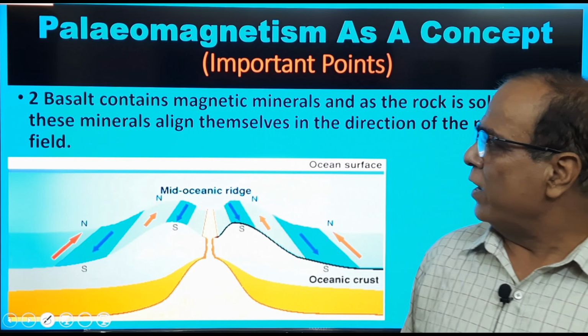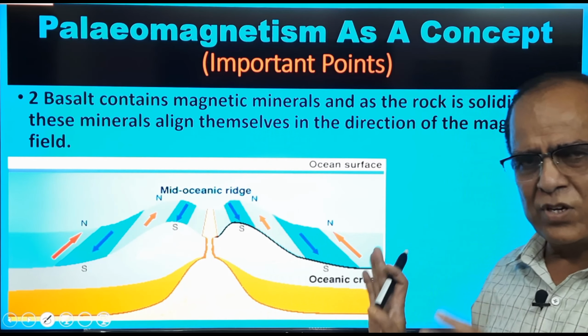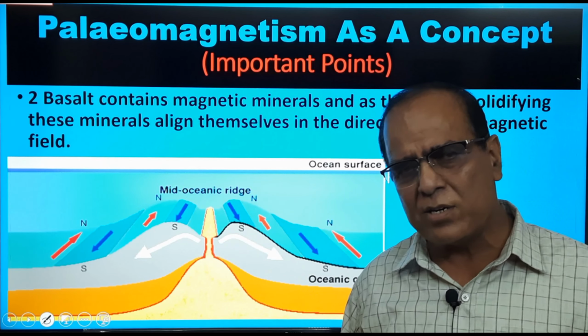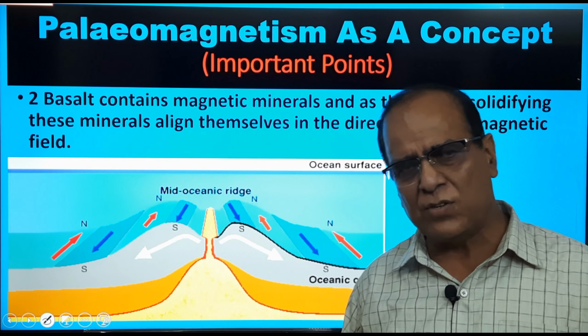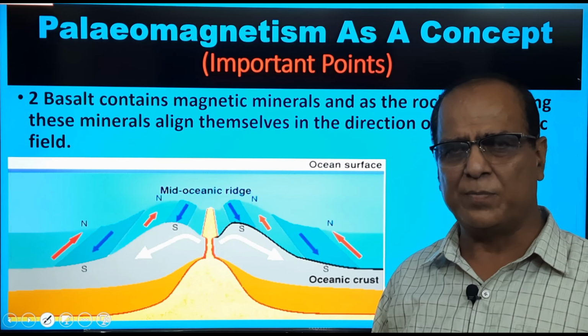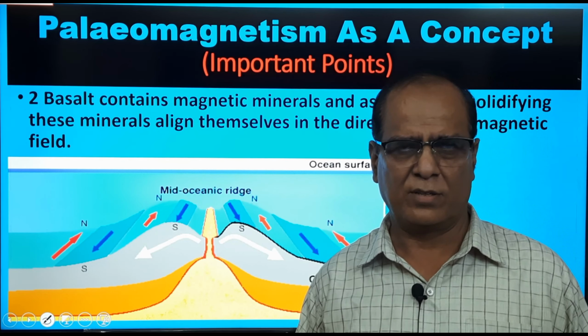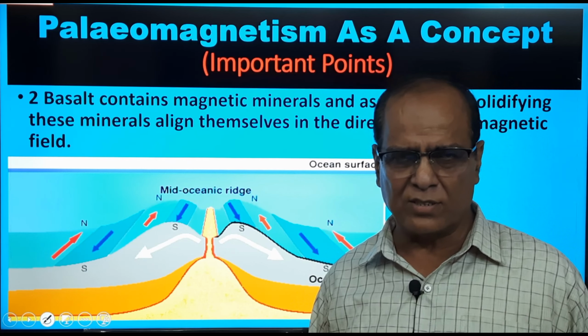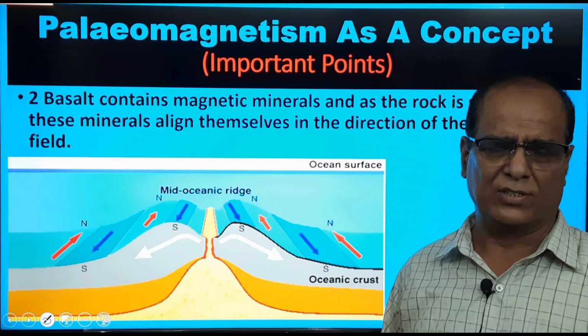Now in this figure, what we are finding is that when magmas are getting deposited at the sea floor, at that point in time they record the magnetic orientation, the magnetic alignment of the minerals.